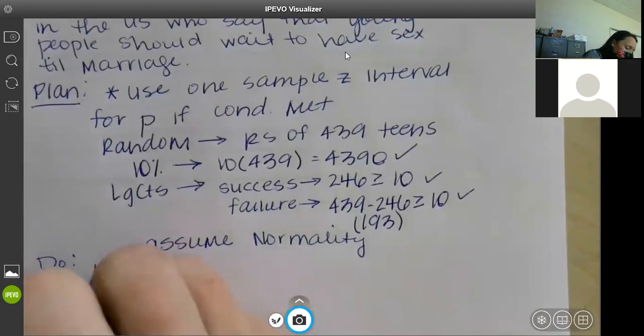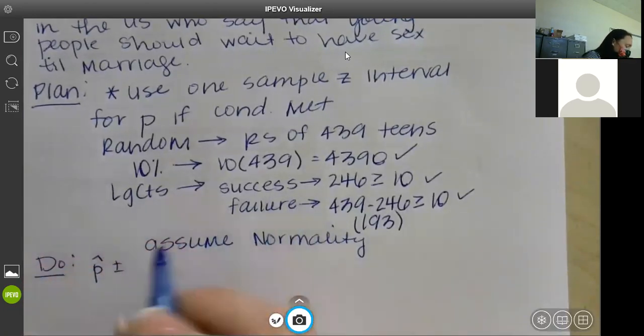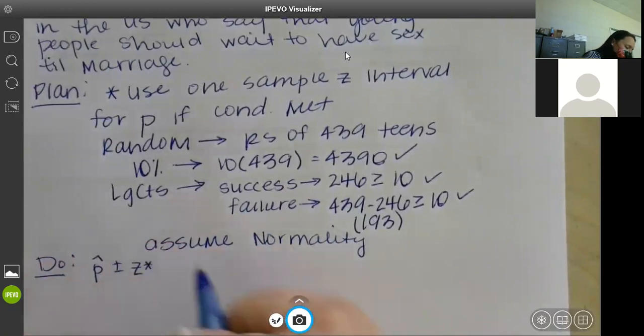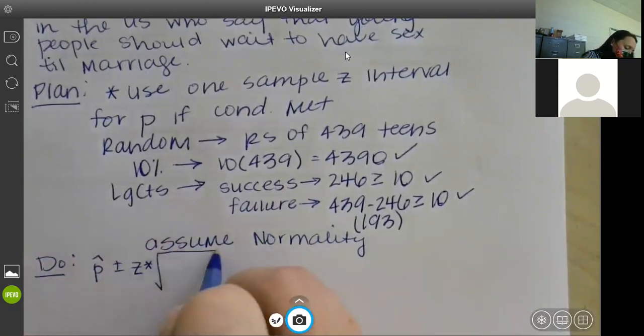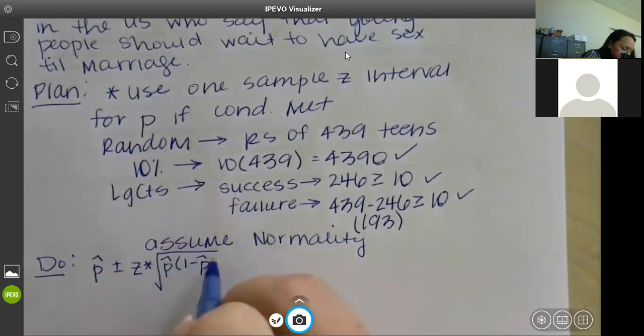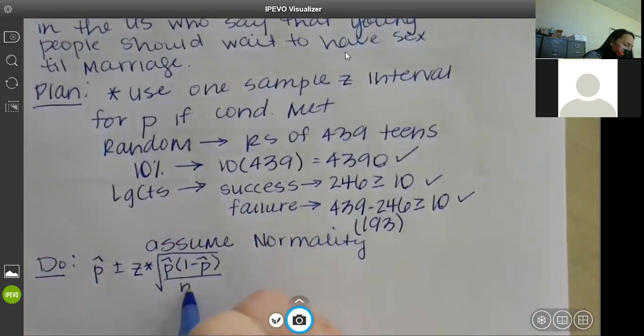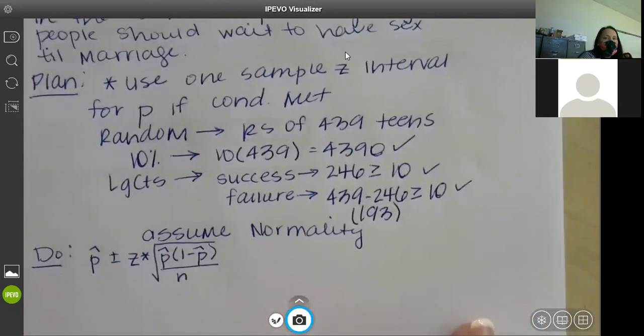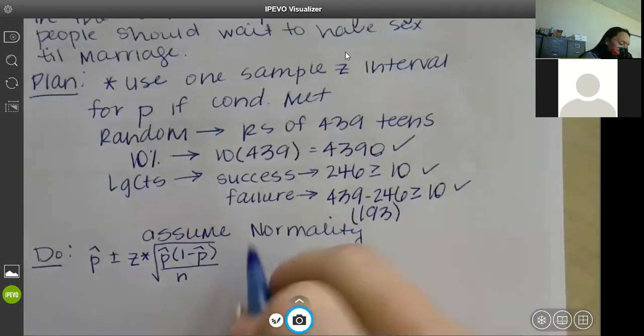So our formula, remember, is P hat plus or minus Z star times the square root of, we're doing proportion, the proportion times 1 minus the proportion over N. And then we need to know what those values are.